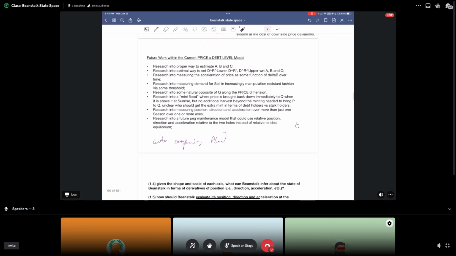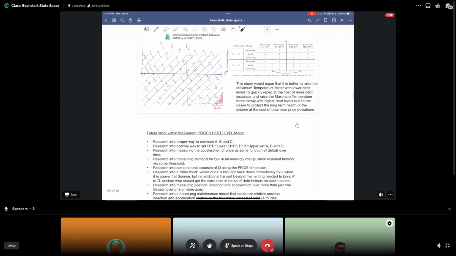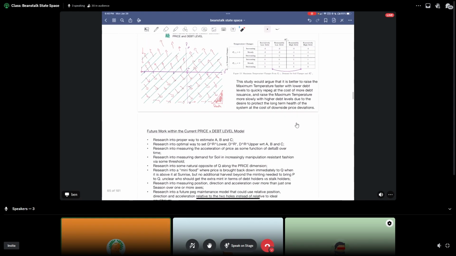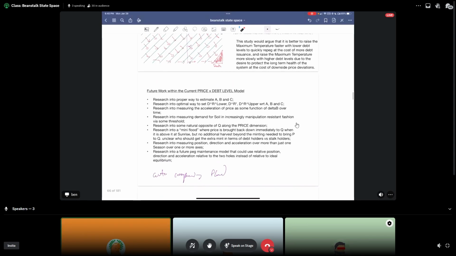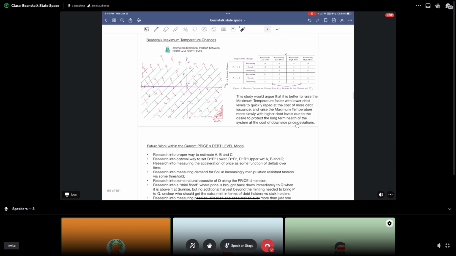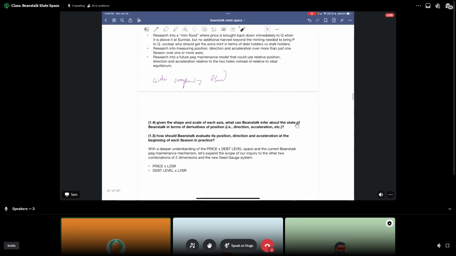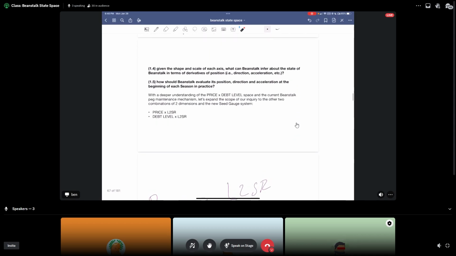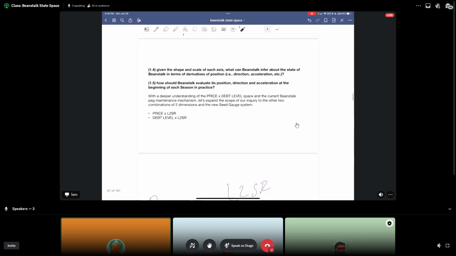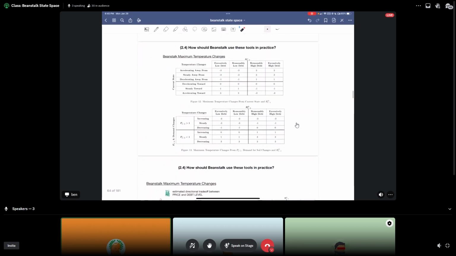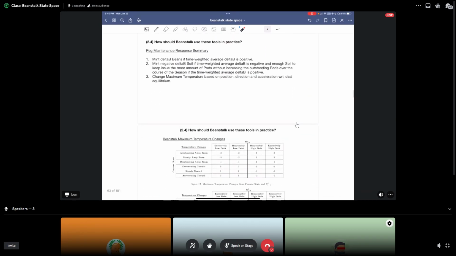That's a very complicated discussion. So that's the current state of the discussion. Maybe it should work like that, but it's hard to know. So with all this in mind, this is more or less how Beanstalk currently works.